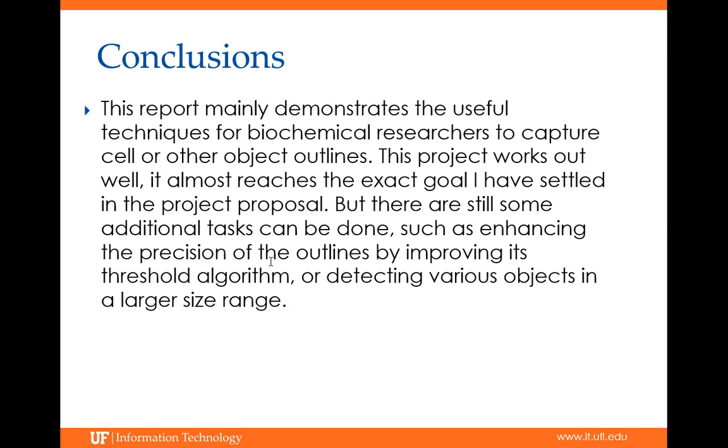It demonstrates useful techniques for biochemical researchers to capture cell or other object outlines. But there are still some additional tasks that can be done, such as enhancing the precision of the outlines by improving its threshold algorithm, or detecting various objects in a larger size range.